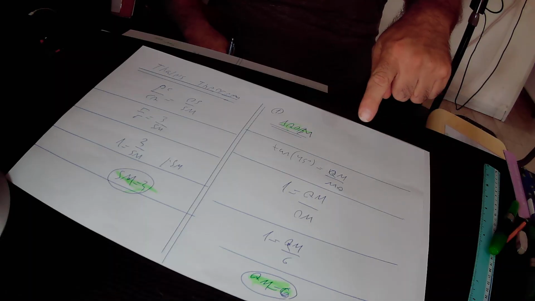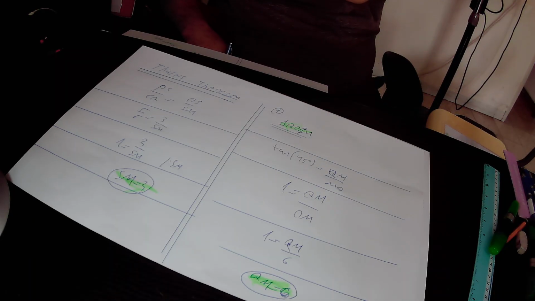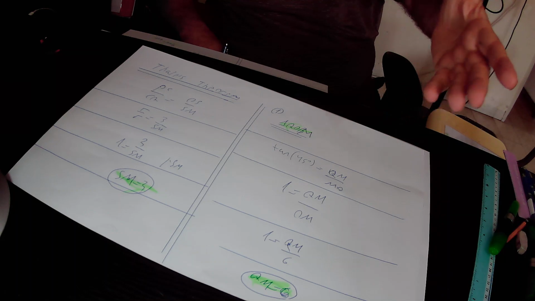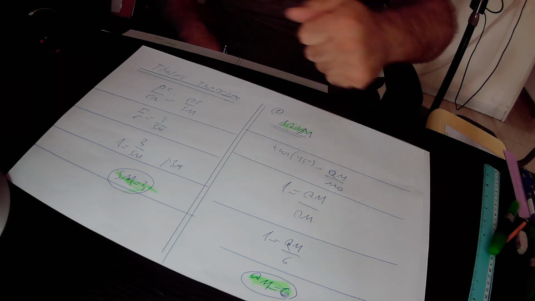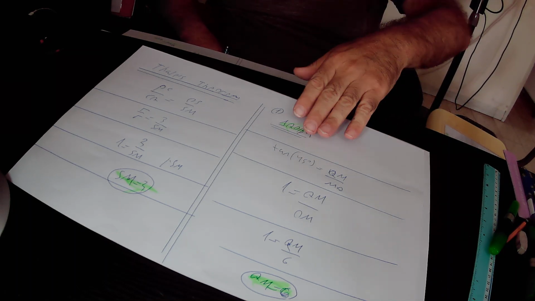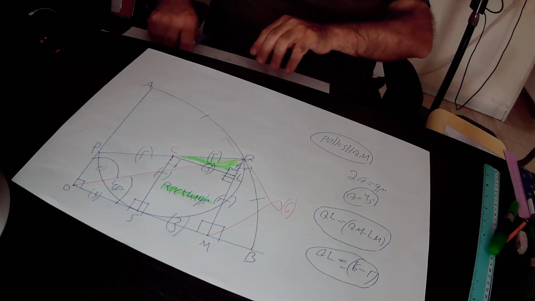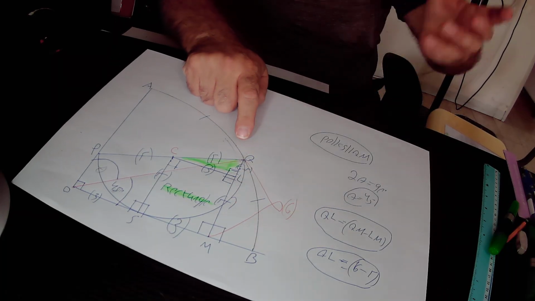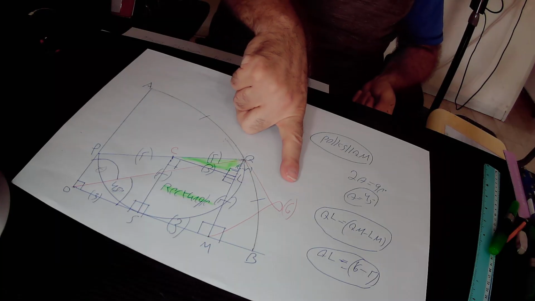QM is the missing side, and OM is 6, because 3 plus 3 is 6. Tangent of 45 degrees is 1, so 1 equals QM over 6. Here we multiply this equation by 6 and find that QM equals 6 units. This is the missing side QM, which equals 6 units.